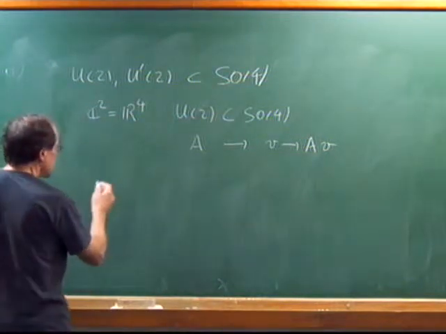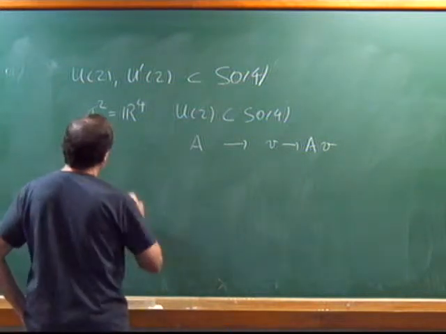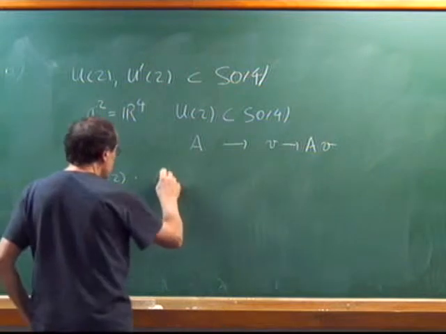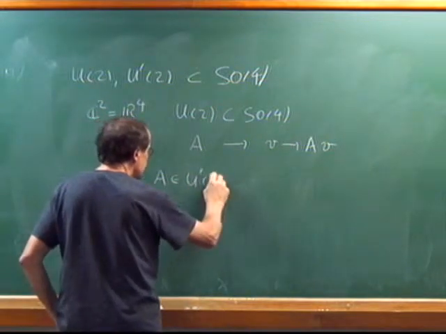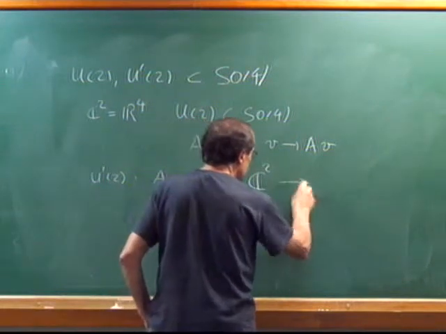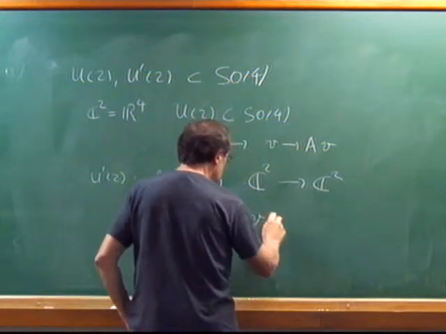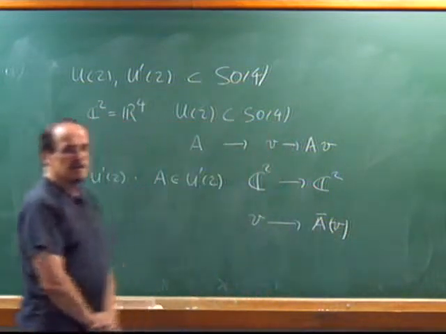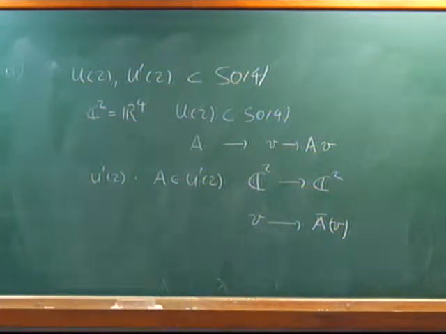So now I define a U prime 2, which is the following one. Take an element in U prime 2 and let it act on C2 as V goes to A prime V. So conjugate the matrix and let it multiply the vector.